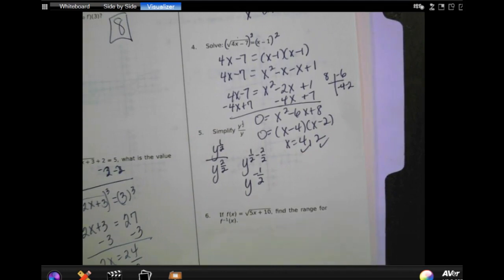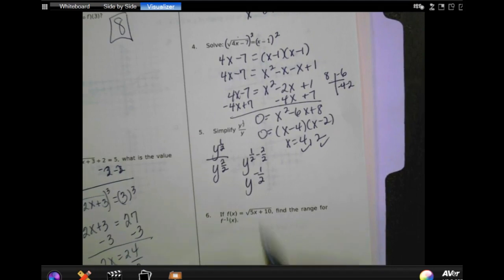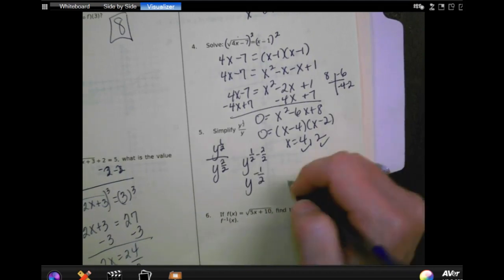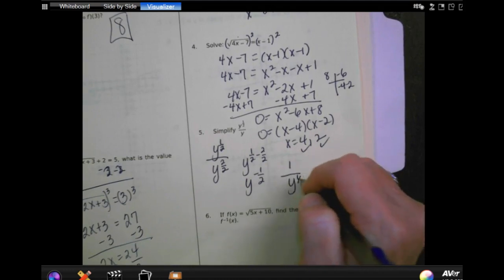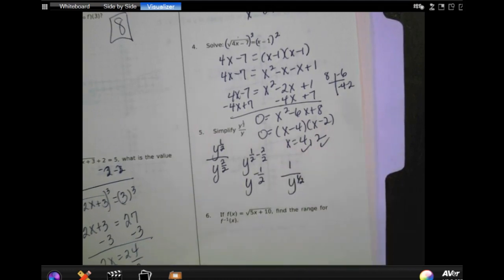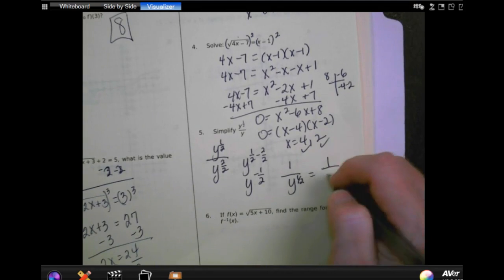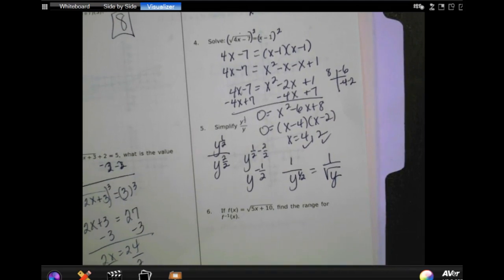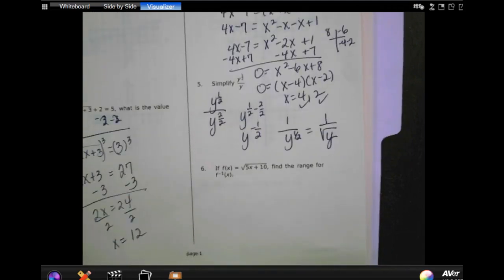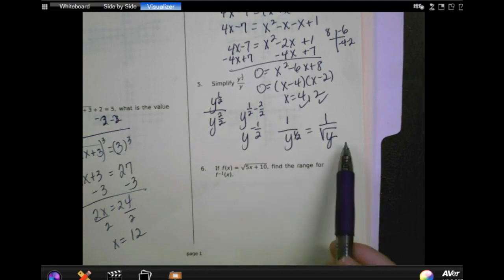So first of all, can I have a negative exponent? So what does the negative exponent tell me? Where does that go? So I have to move it to the bottom. So I get y to the 1/2. And what does 1/2 mean? Would it be the square root? Yeah, so you could write it like that also. Well, it's multiple choice. So if this one isn't here, this one will be.